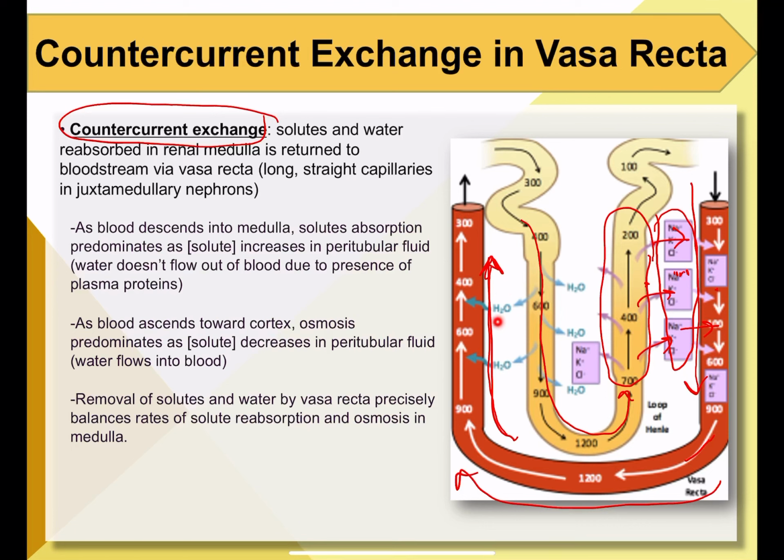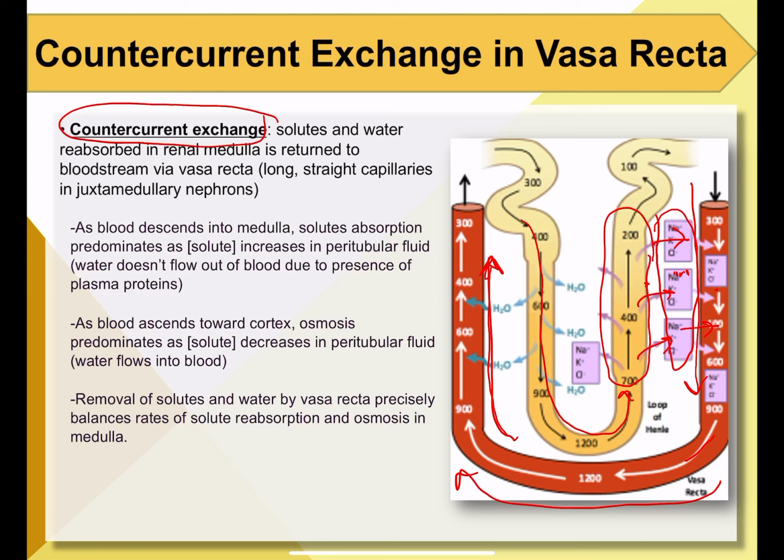So what's going to be in this peritubular space here is just water. Okay, and because water is abundant on this side, it's just going to flow right into your vasa recta by osmosis. So what predominates here is diffusion, because you have lots of solutes, and what predominates on this side of the vasa recta is osmosis, so a lot of water is going to be reabsorbed right back into your blood and then up back into your venous system, back to your cardiovascular system.